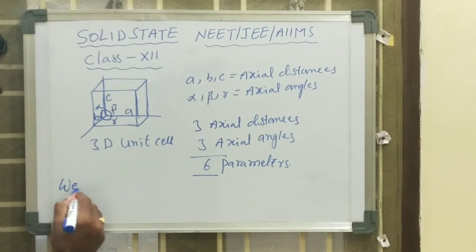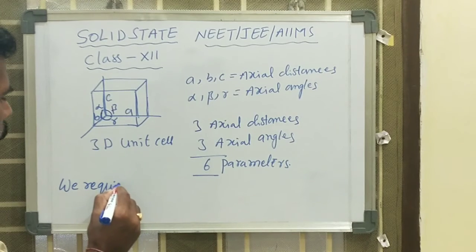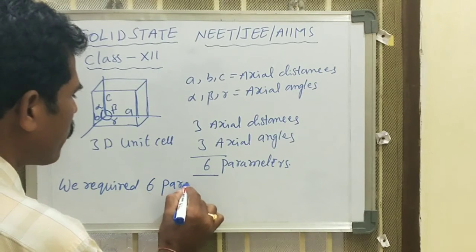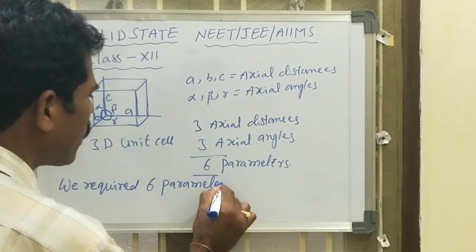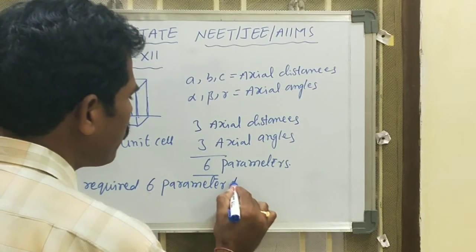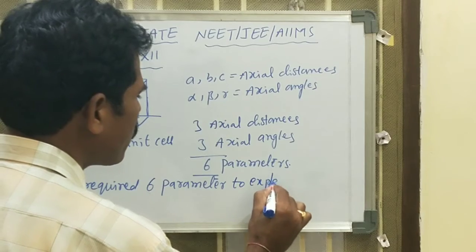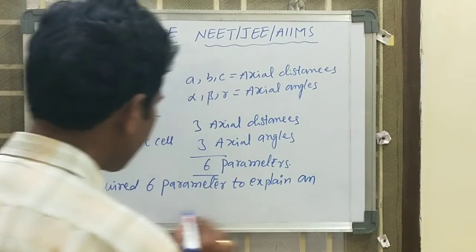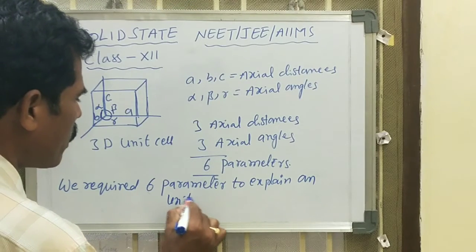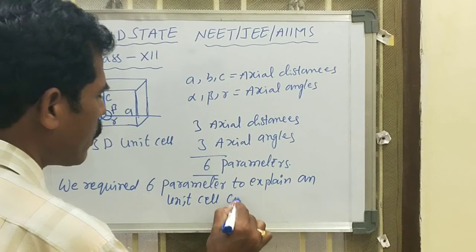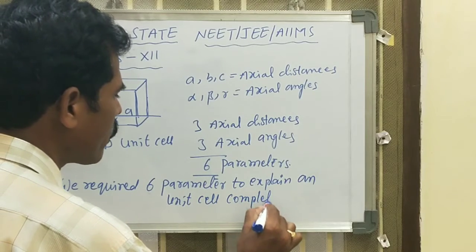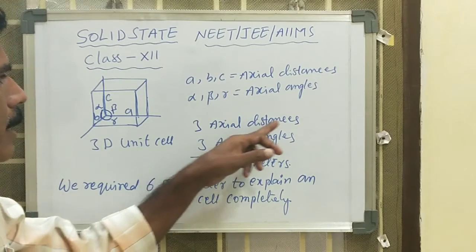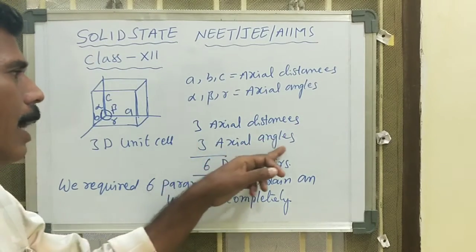We require 6 parameters to explain a unit cell completely. What are the 6 parameters? 3 axial distances, 3 axial angles.